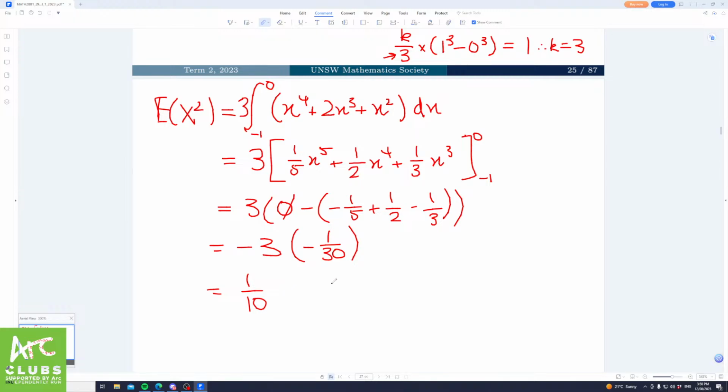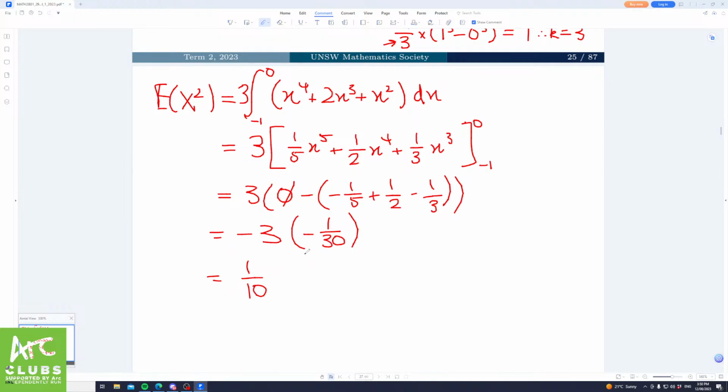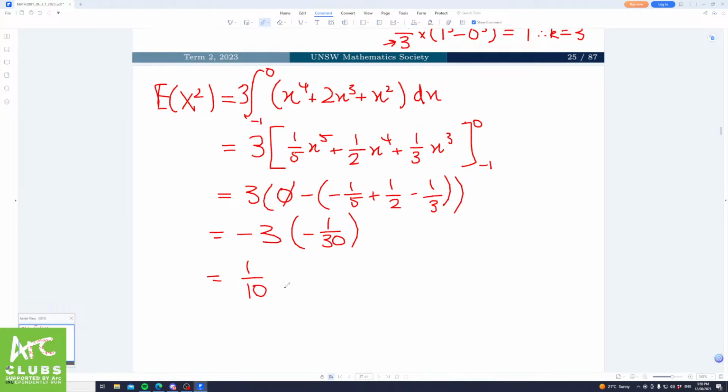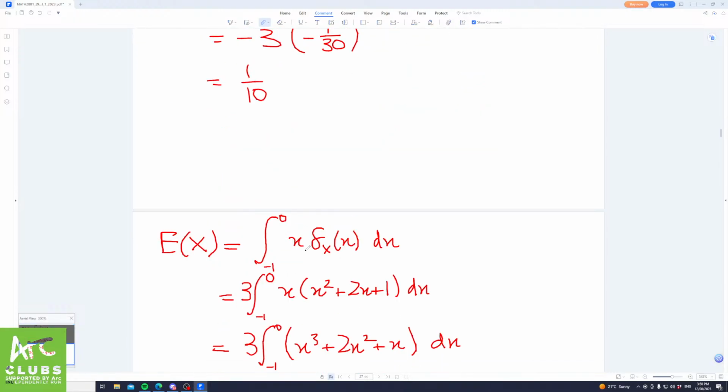And we have a positive number now, so again, let's just give a quick sanity check. It makes sense because the expectation of x squared should be a positive number. We know that x squared, no matter what value of x is, should be a positive number in the real world. So that's fine.